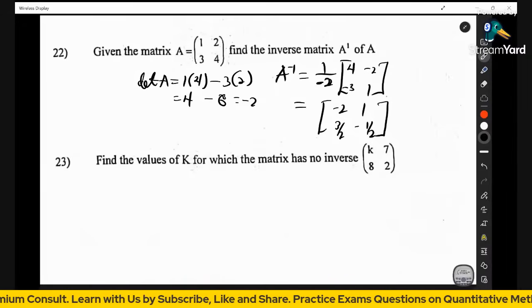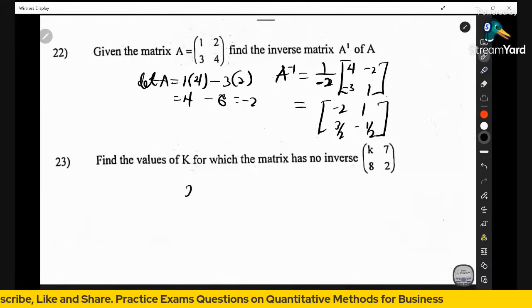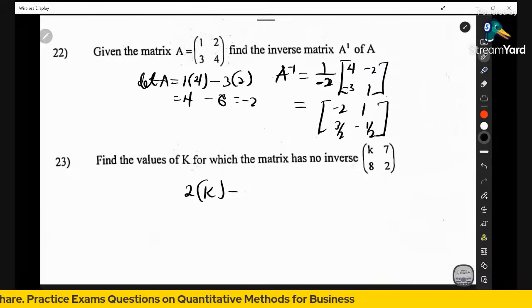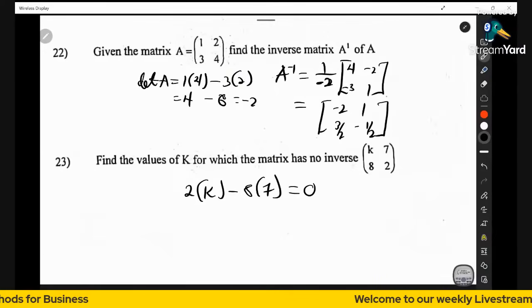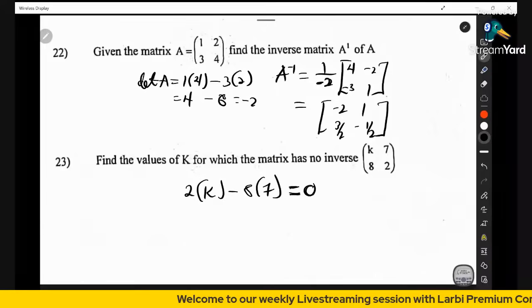We therefore need to find k by finding the determinant of this matrix. That should be 2 multiplying k minus 8 multiplying 7, and that should be equal to 0, since the matrix has no inverse. So what will be k?